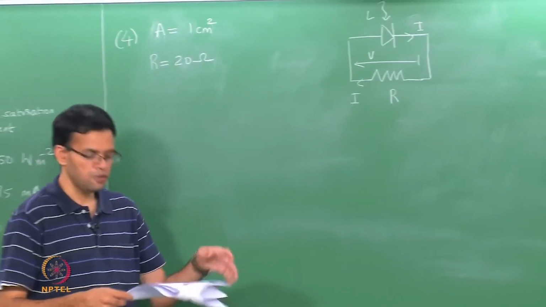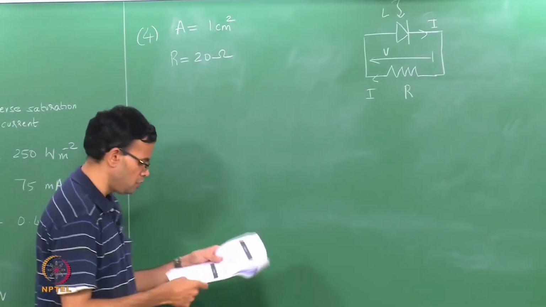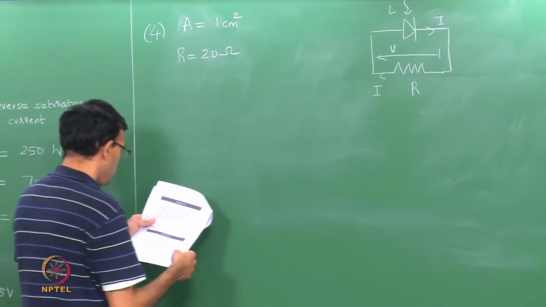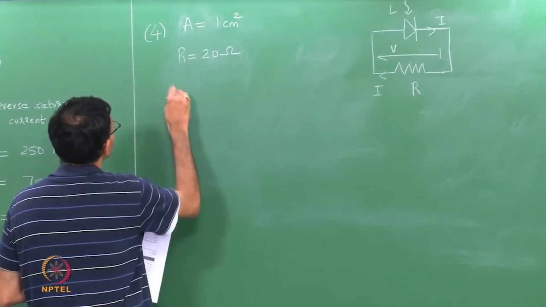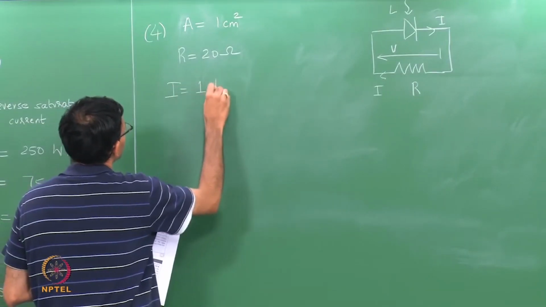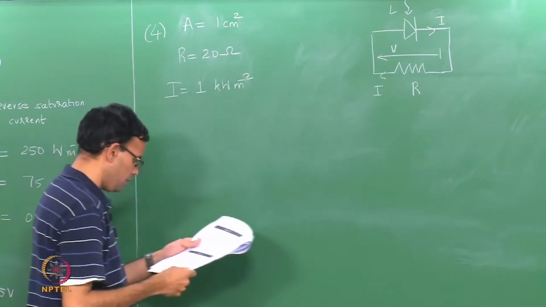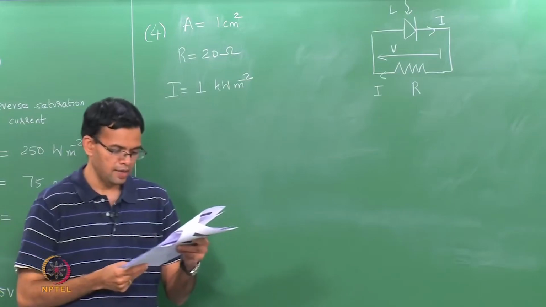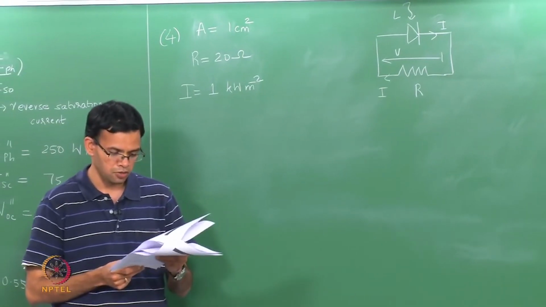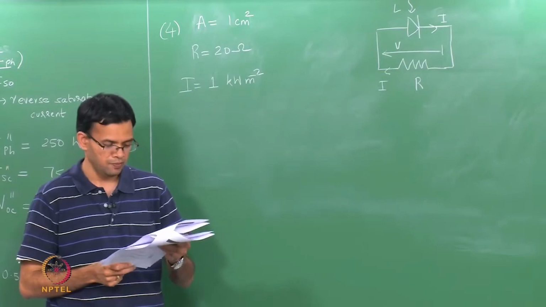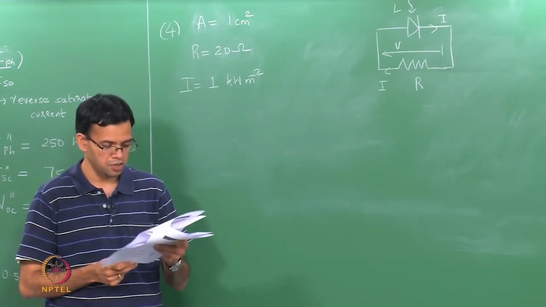So, the intensity of the light is given. So, that is 1 kilowatt per meter square. And we want to calculate the voltage in the circuit when the intensity is 1 kilowatt per meter square.